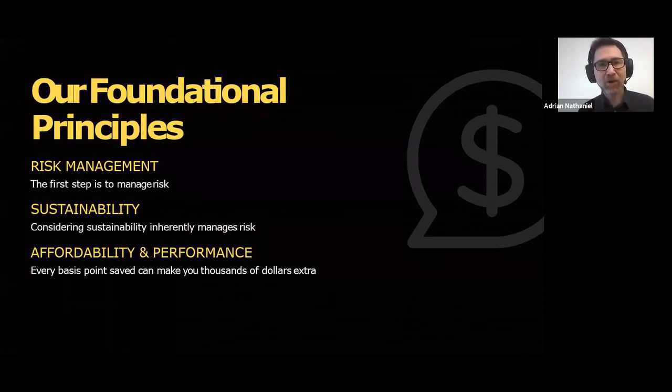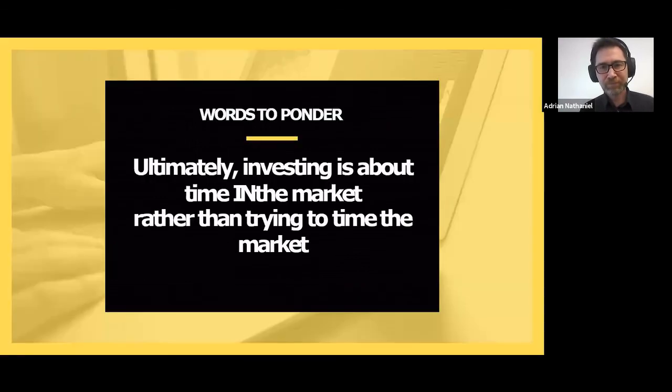They get fewer environmental fines and fewer corporate violations. So when companies are targeting sustainability, it inherently manages risk as well. And some of the other things I like to consider is you need to make sure that whatever investment option you're choosing is affordable and that it is actually performing well.